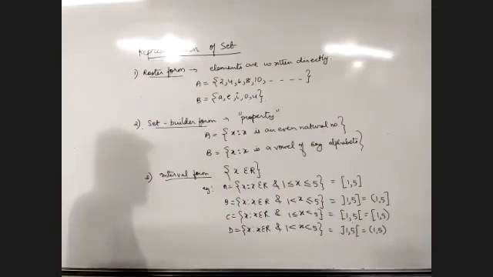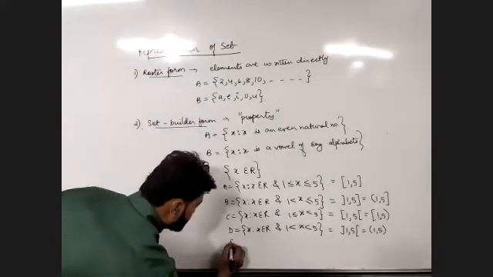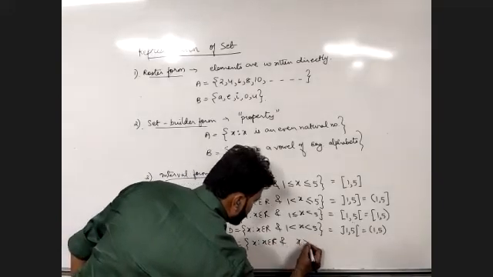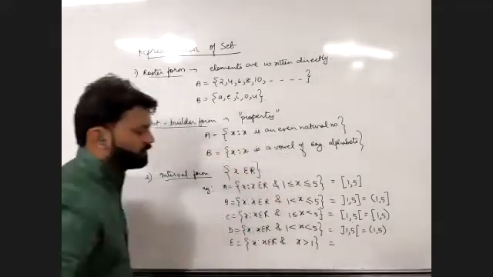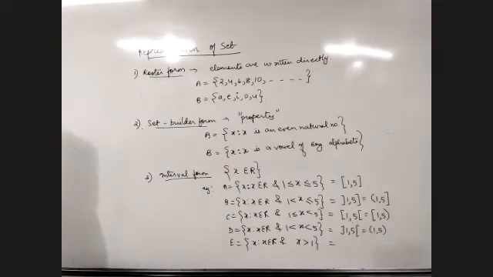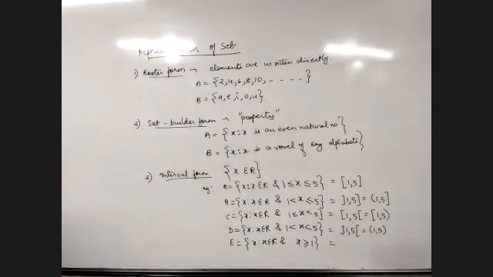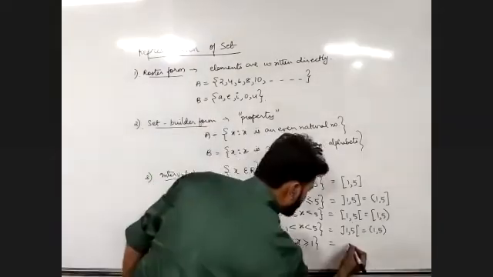Clear? One last example. x such that x belongs to R, x is greater than 1. I'll make it a little easier: x greater than or equal to 1. Now how will we write it? At 1, the closed bracket comes.